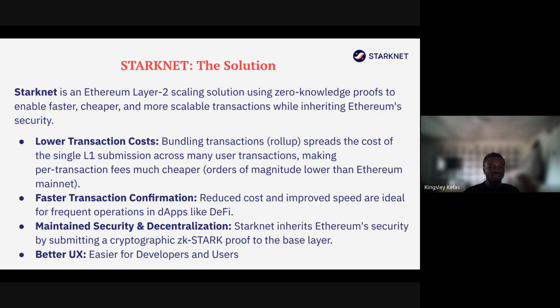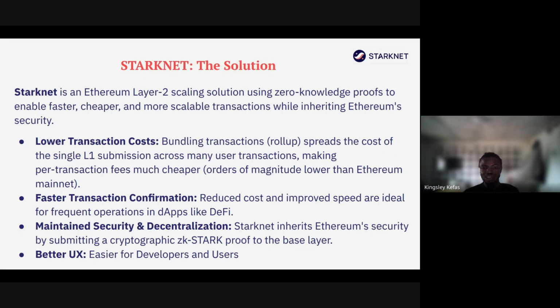How did they do that? They bundle transactions together, so that they spread the cost across those different transactions, and then they bundle it, do the verification and all that, and at the end of the day, they settle it on the L1, which is Ethereum, right? And by doing that, they help you to reduce the gas fee.